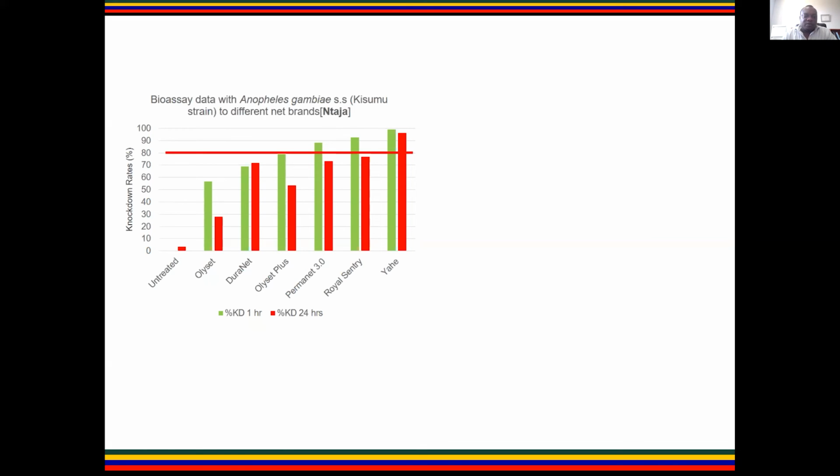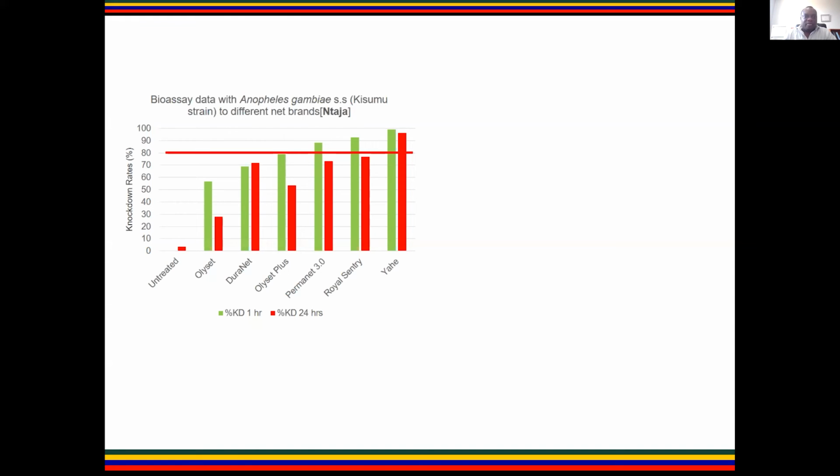So for most of the nets, the mean age was 2 years, but they ranged from about 6 months to 3 years. Some of the nets were quite new, and mainly from the routine antenatal care and under 5 clinic distribution.